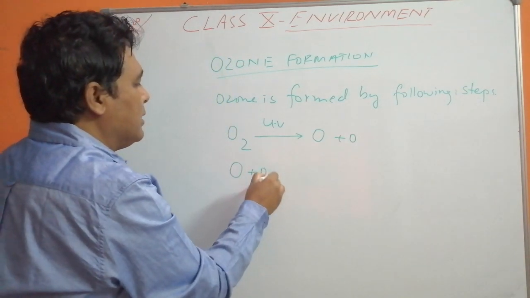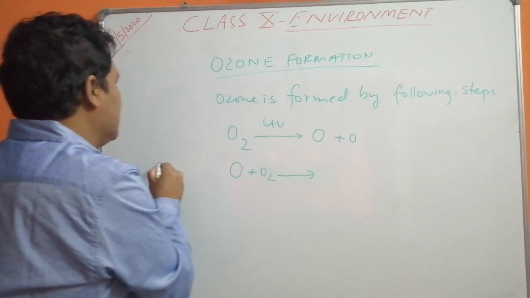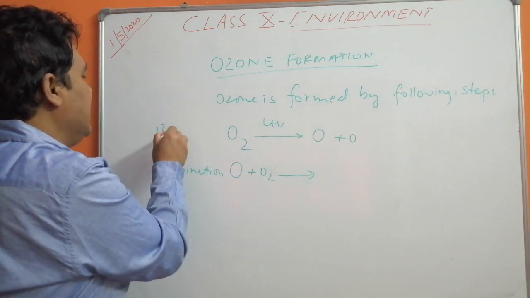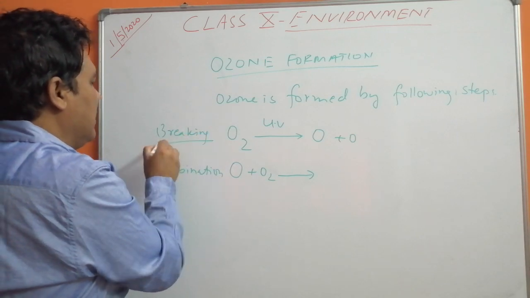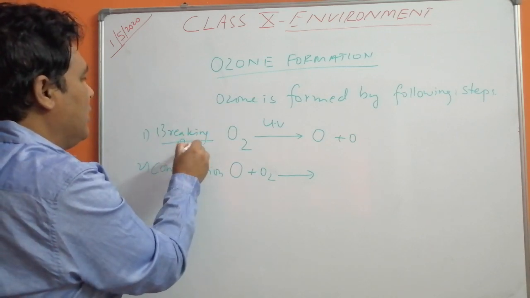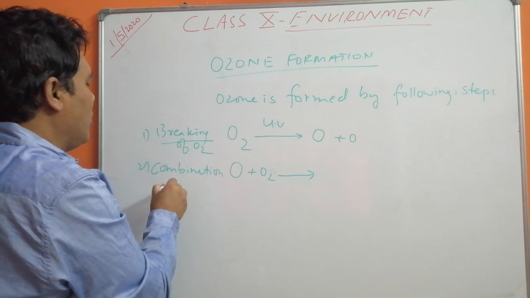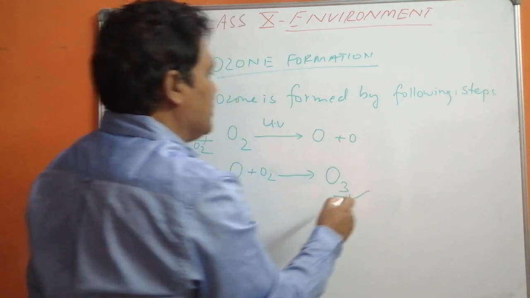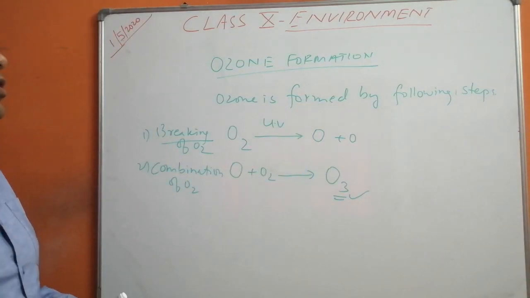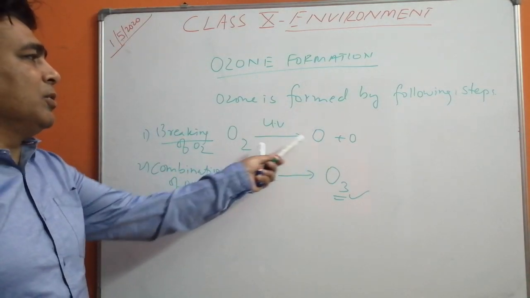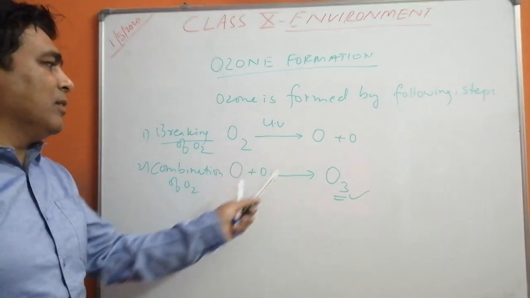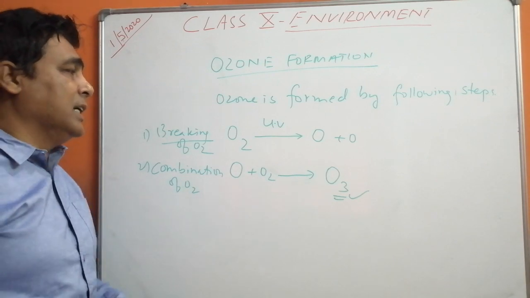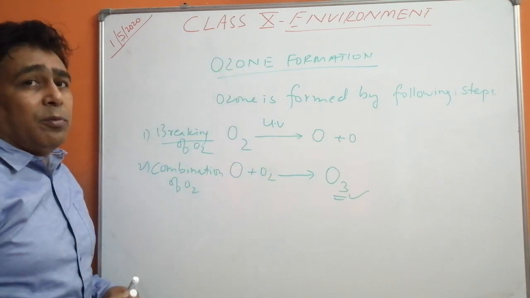Then O plus O2 combine, this is a combination reaction, and it forms O3. So this is how ozone is formed in the atmosphere. First the oxygen is broken into free radical form, then it combines with O2 and forms O3.